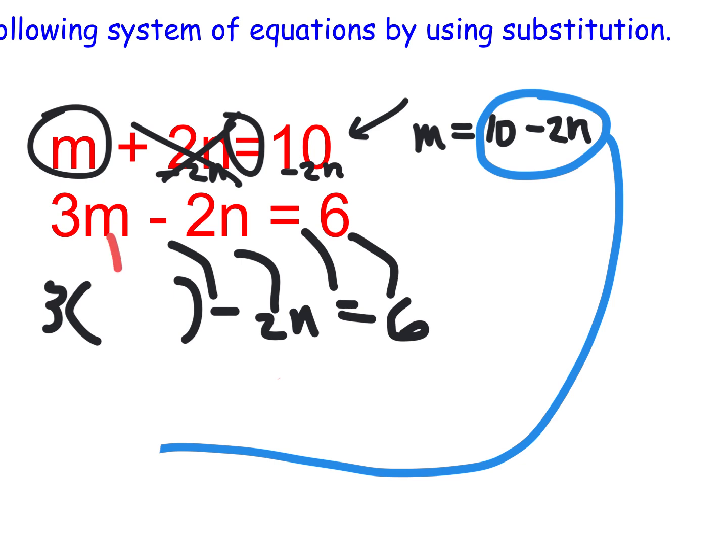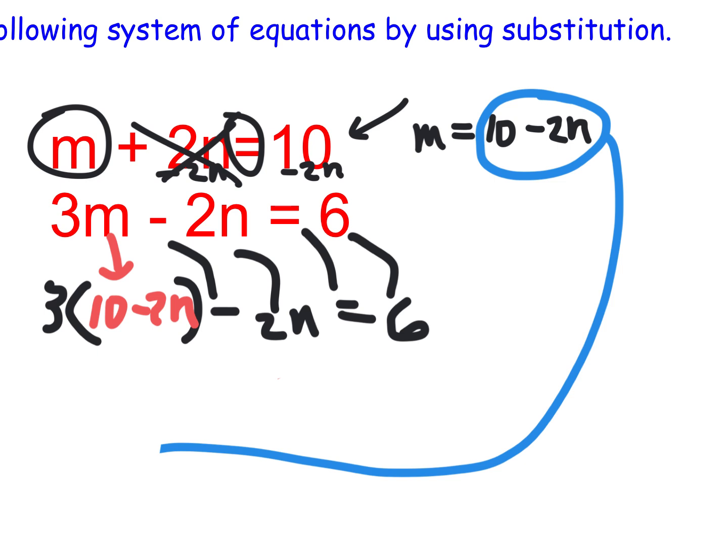Because that's what I'm supposed to put right here. Yep. 10 minus 2n. And that looks just like a problem from the chapter 2 test. And you have to be able to wade through all that.